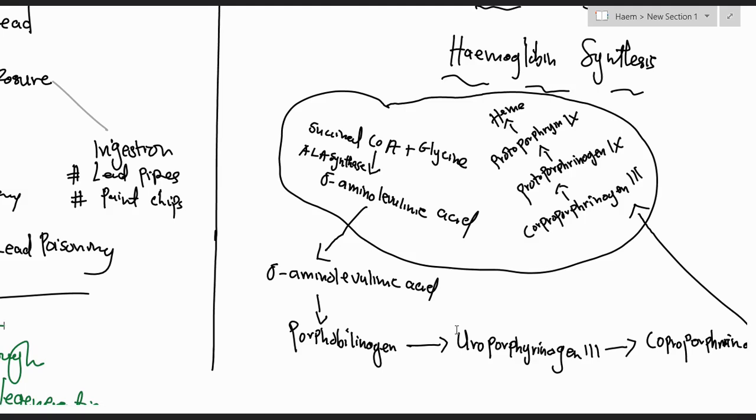This alpha aminolevulinic acid leaves the cells, and then they form porphobilinogen. Then they form uroporphyrinogen III. Then they form coproporphyrinogen.